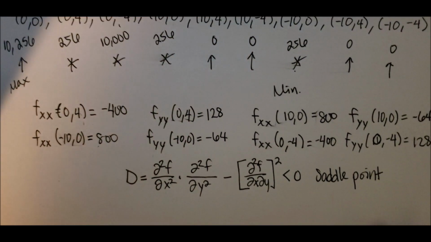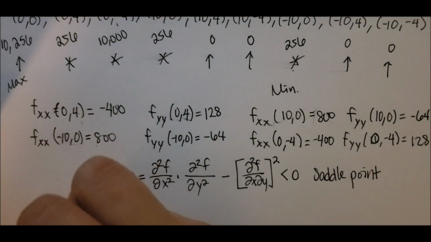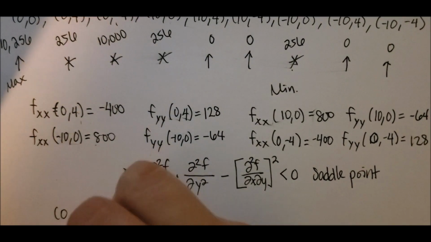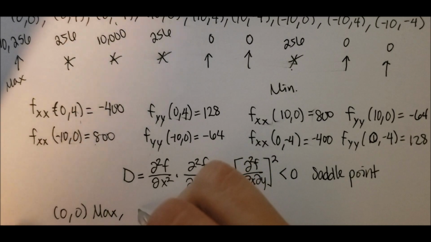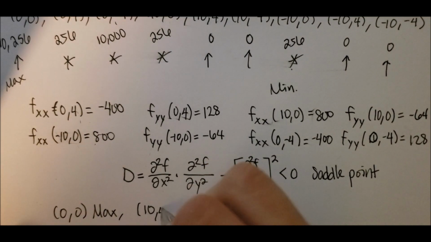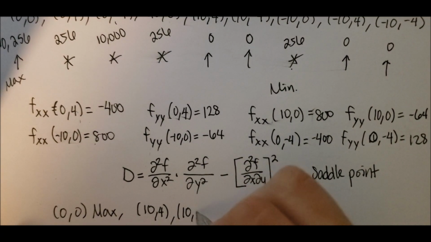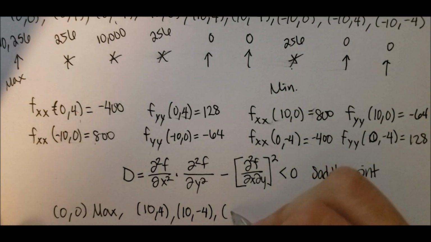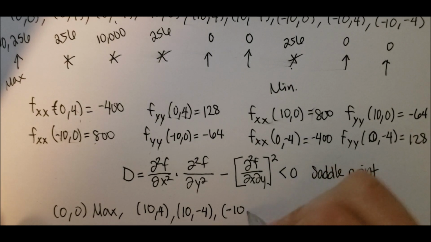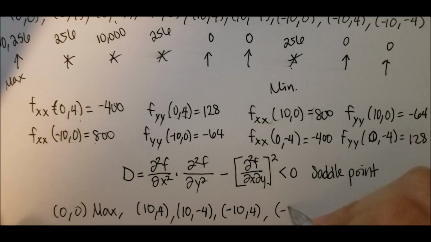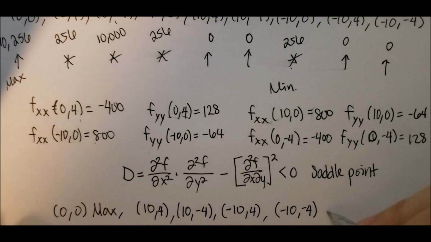So out of all my points, 0, 0 was the max. 10, 4, 10, negative 4, negative 10, 4, and negative 10, negative 4 were the min.